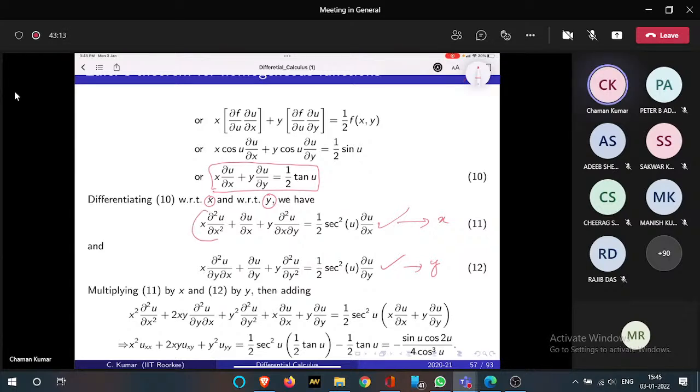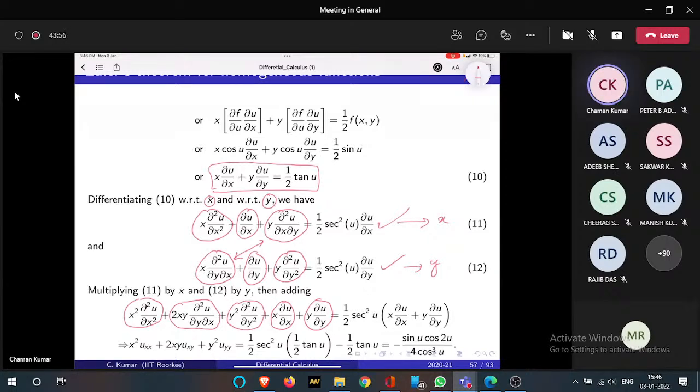So you have x squared times the second derivative, x times the first derivative, x y times the mixed derivative, and another x y, and we combine these two. So you have 2 times x y mixed derivative. Then equation 12 is multiplied by y. So this will give you y times the first derivative, then y squared times the second derivative, right?